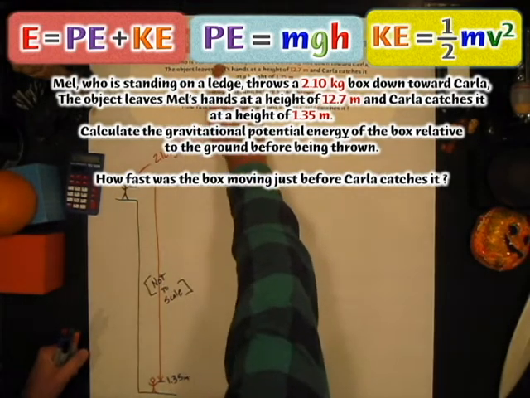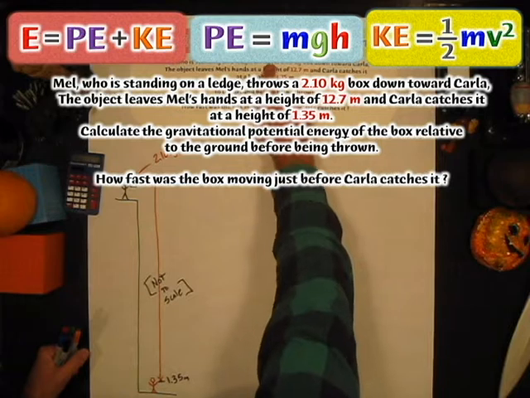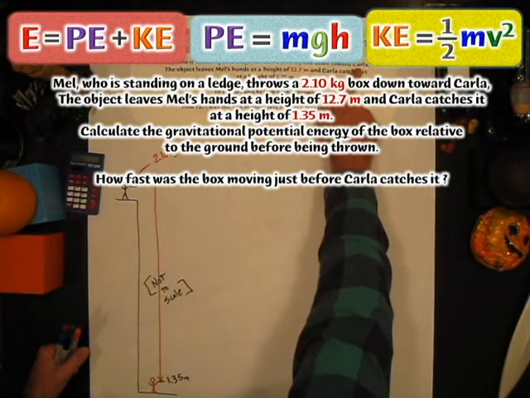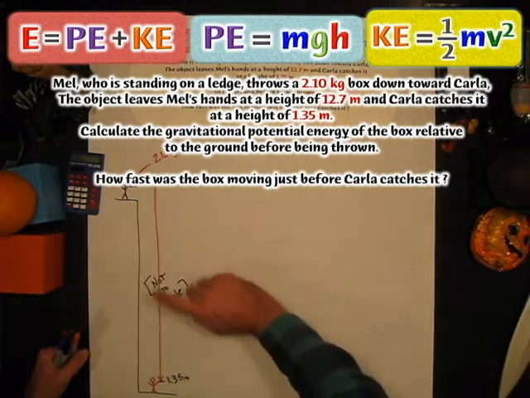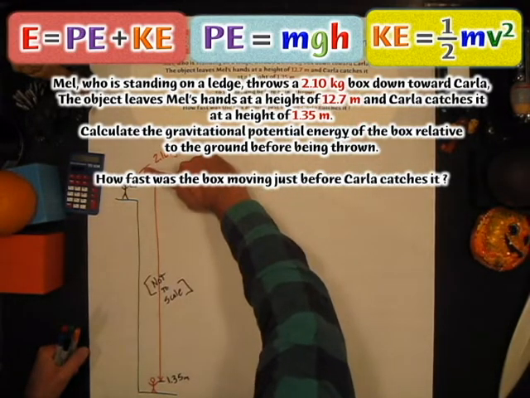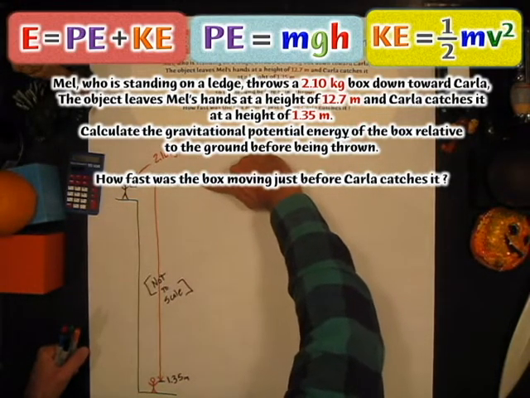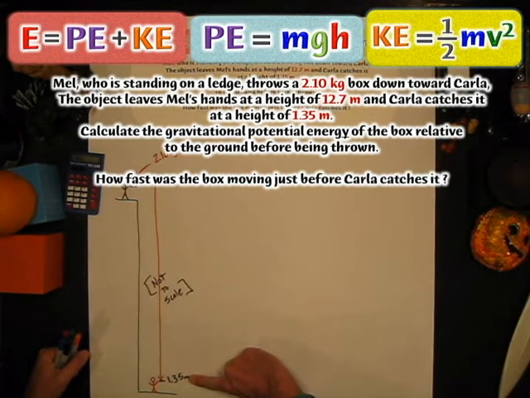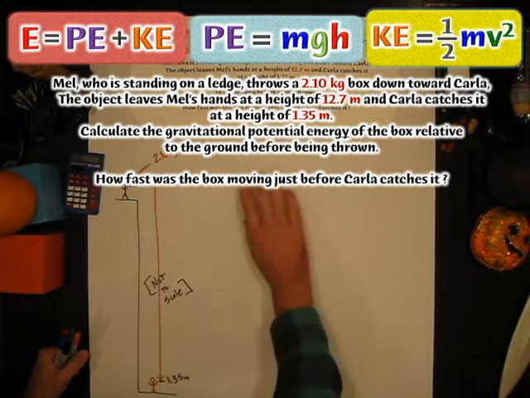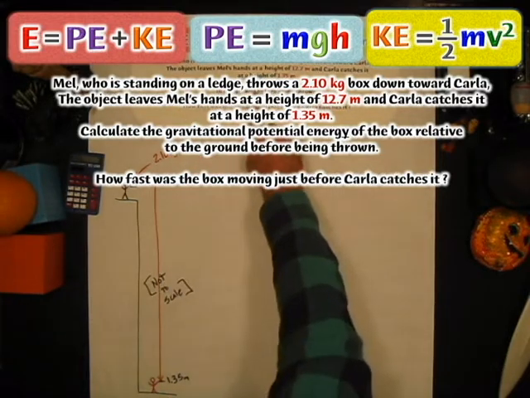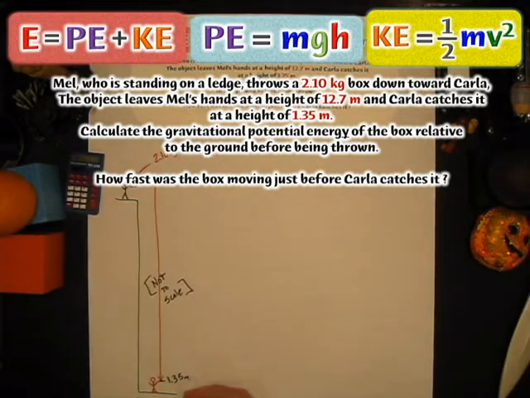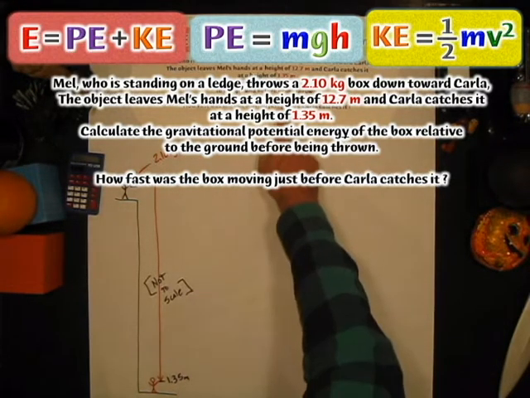Mel, who is standing on a ledge, throws a 2.10 kilogram box down toward Carla. The object leaves Mel's hands at a height of 12.7 meters, and Carla catches it at a height of 1.35 meters. Calculate the gravitational potential energy of the box relative to the ground before being thrown.